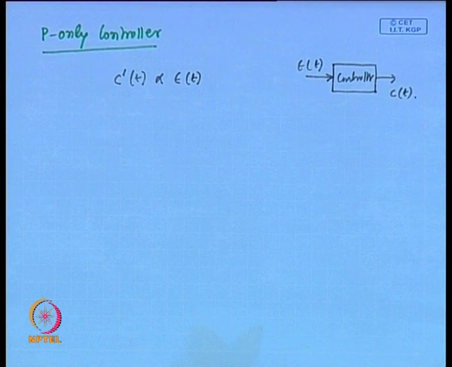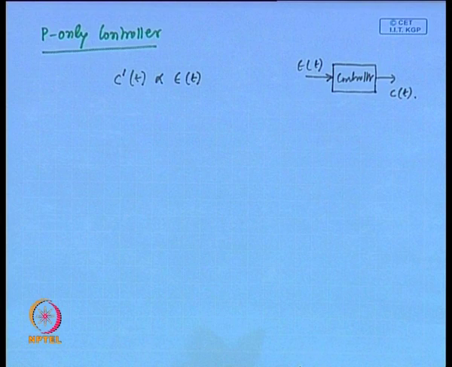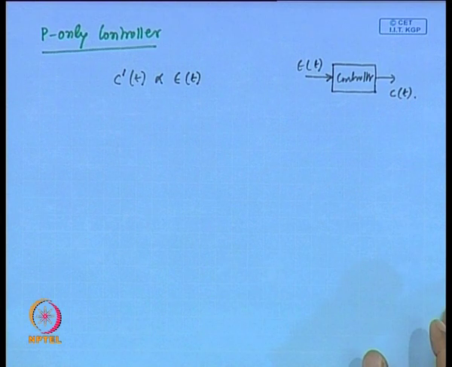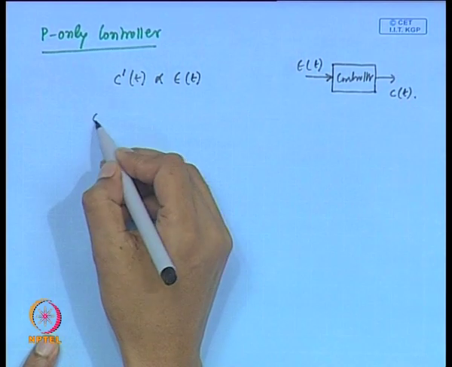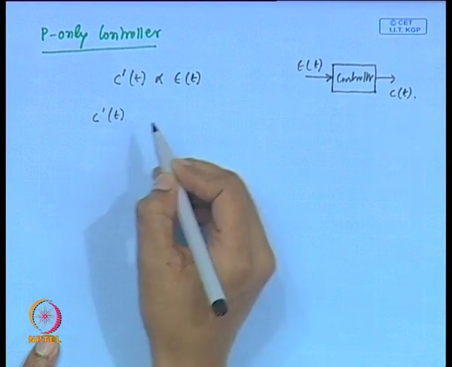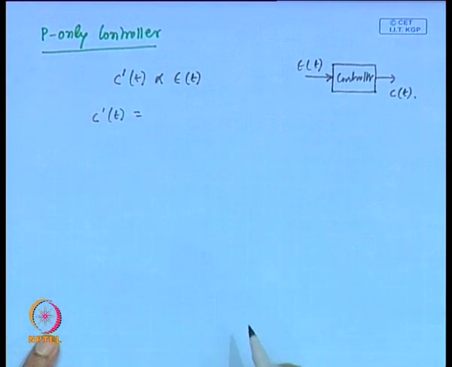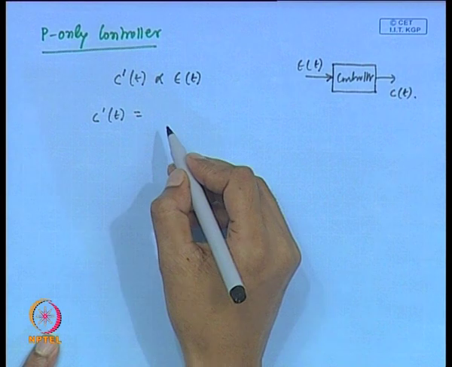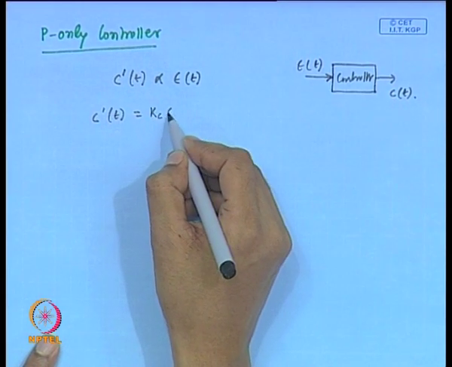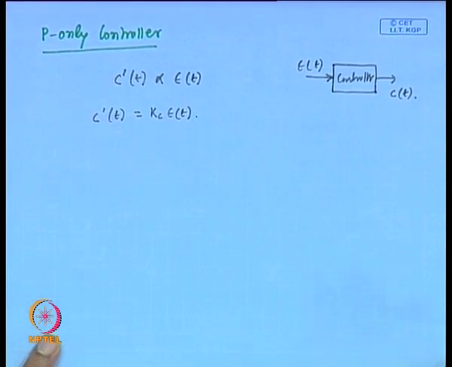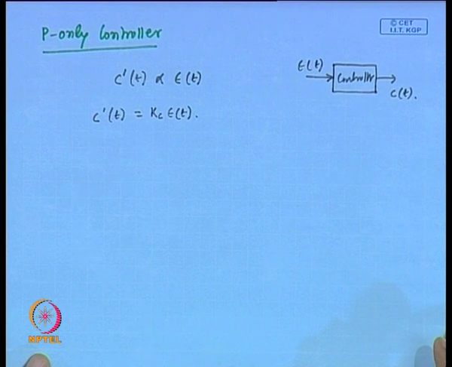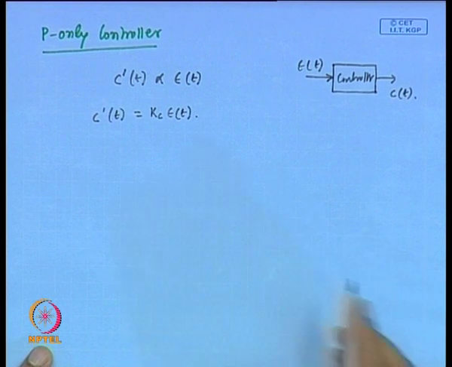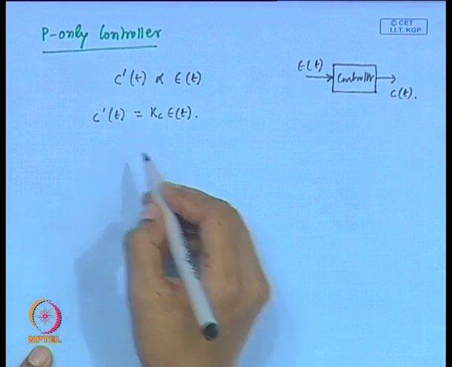So, C prime t is proportional to the error signal, that is the input to the controller, and that is why it is called proportional controller. So, we can write this again as C prime t equals K C epsilon t.